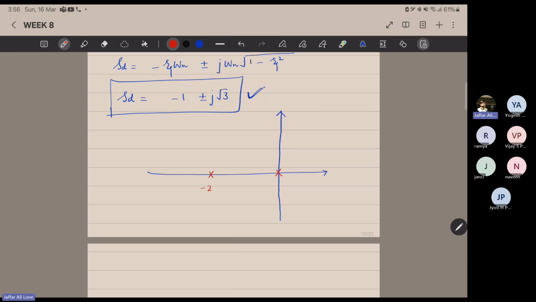So can you find the centroid? Anyone? Yes, anyone can find the centroid.